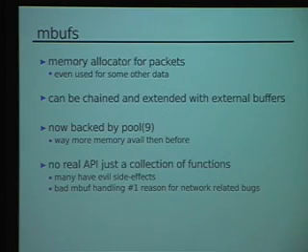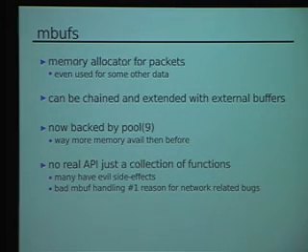mbufs are here to allocate memory for packets. Most of the time they're used for that, but even some other data is stored in mbufs. They can be chained, and they can be extended with external buffers to have larger size. An mbuf is by default 256 bytes big, and a normal Ethernet packet with 1.5K would need too many of these mbufs to build up a huge chain.